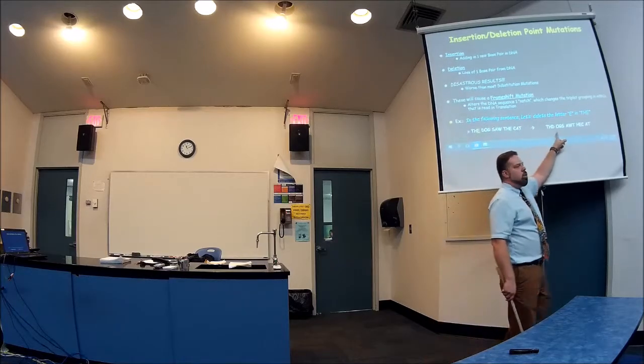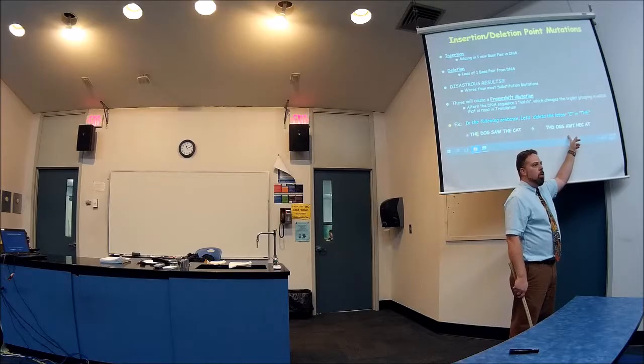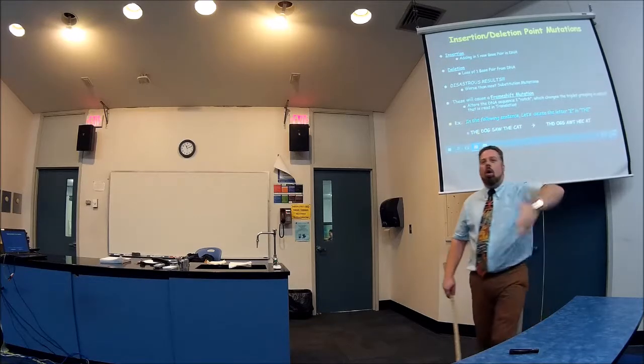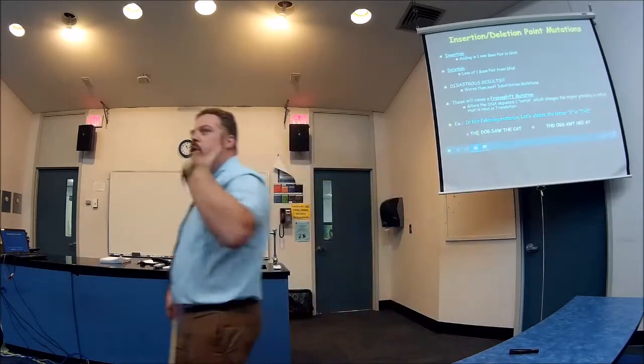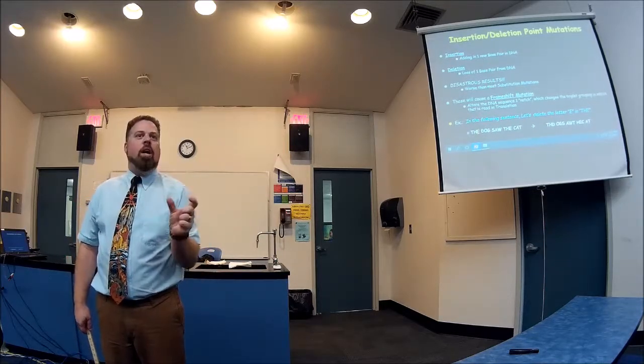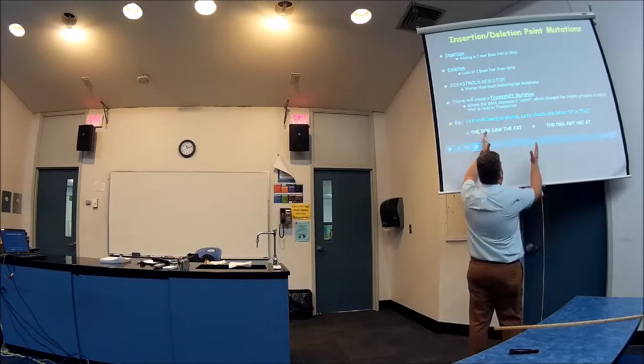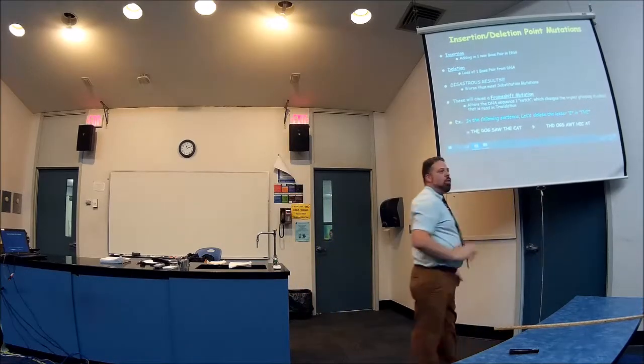And look at what it turns into. Now you've got all the amino acids that are going to be forming after that all screwed up. It's not going to be just one. This is why we call it a frame shift. The whole frame is being shifted.